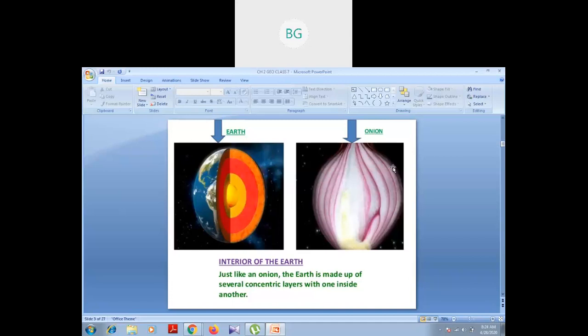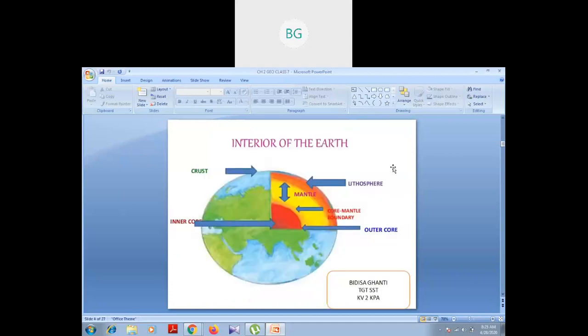The interior of the Earth is generally subdivided into three layers. The uppermost layer of the Earth is known as the crust, and then just below the crust there is the mantle, and the innermost layer of the Earth is known as the core. So, how many layers are there in the interior of the Earth?